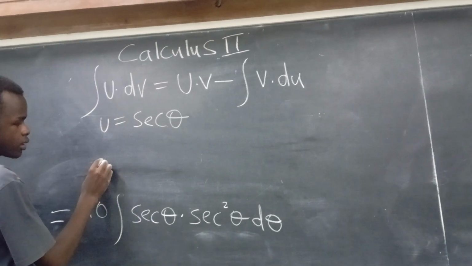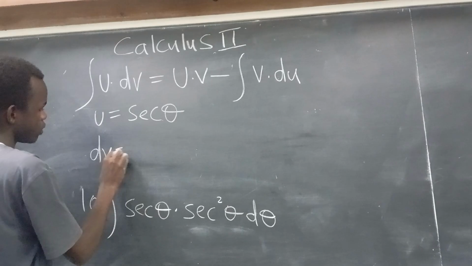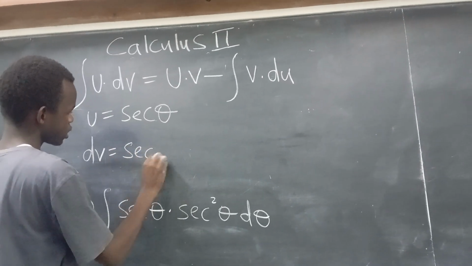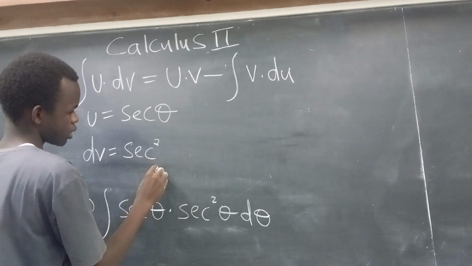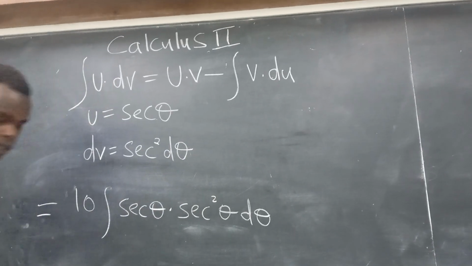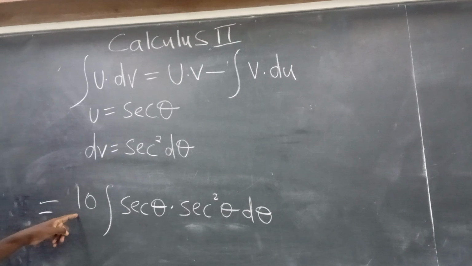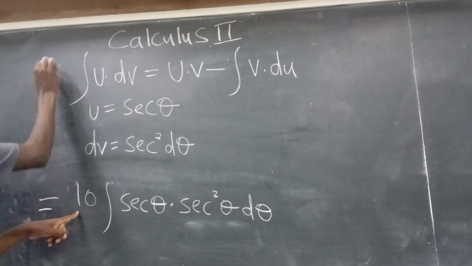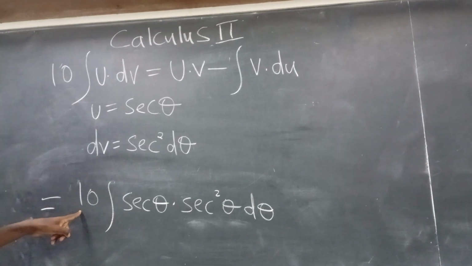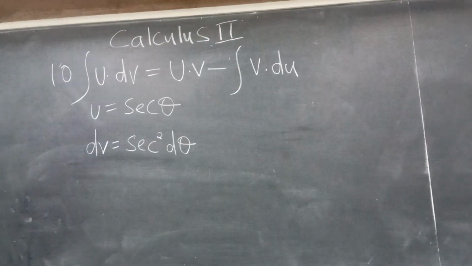So my dv will be secant squared d theta, right? Don't forget 10. The 10 is outside, so let me just write it here for remembrance.